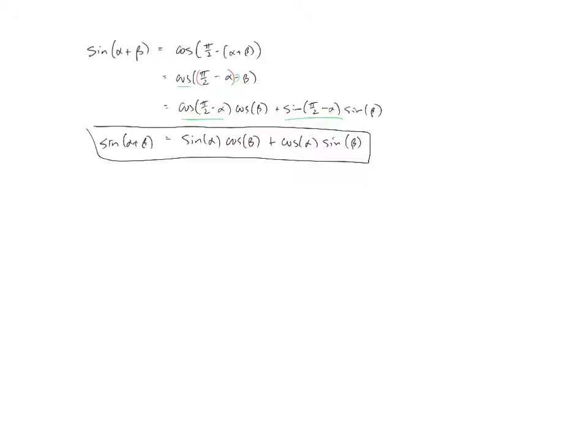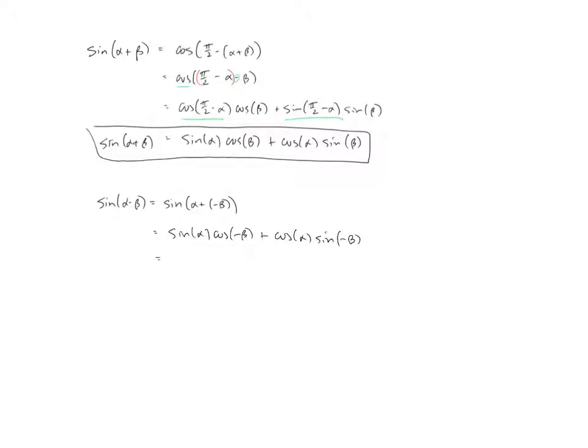Now sine of a difference. If we take sine of alpha minus beta, we can write that as sine of alpha plus negative beta using the identity from above. So that's going to be sine of alpha cosine negative beta plus cosine alpha sine of negative beta.